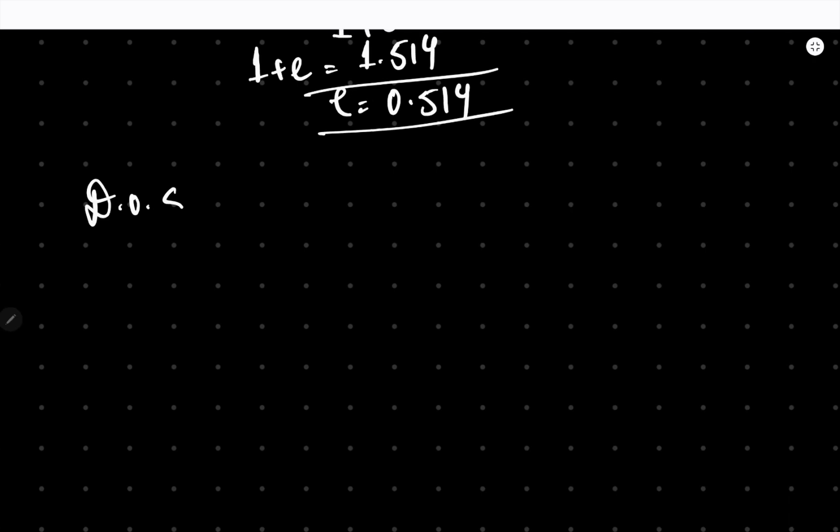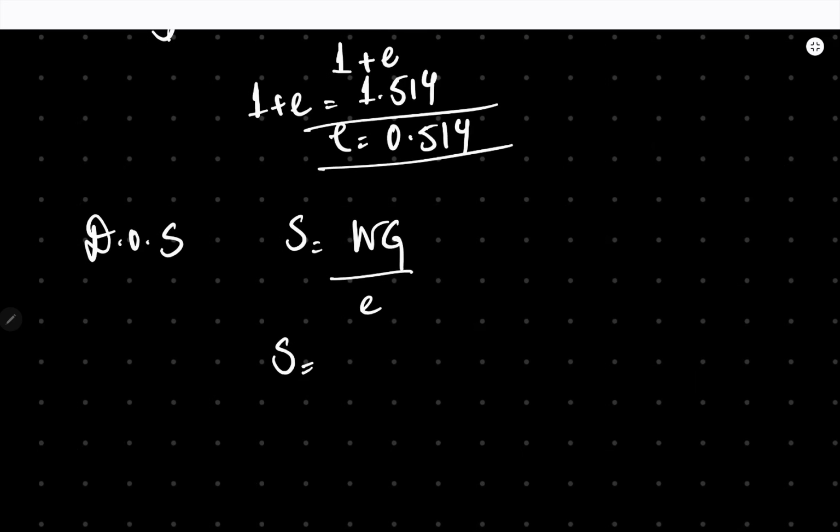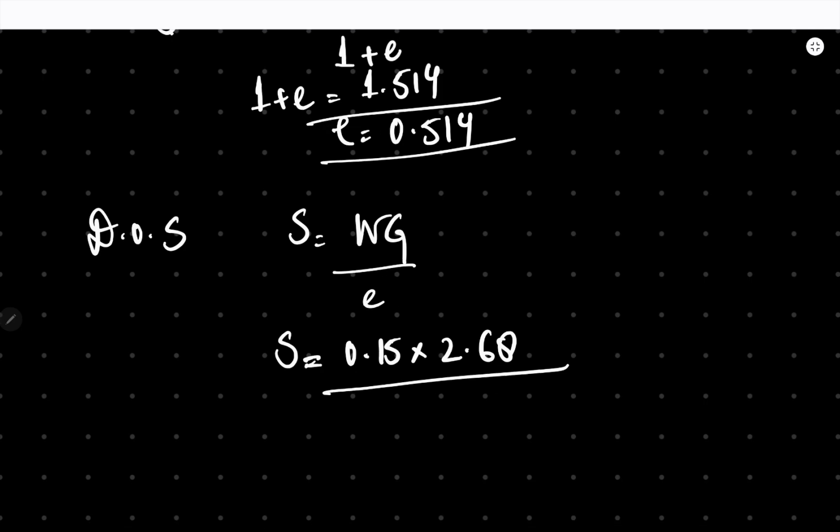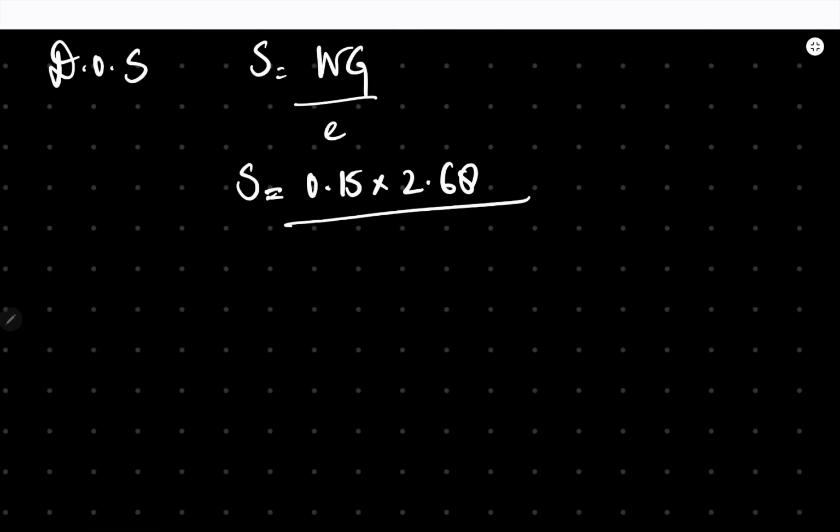Degree of saturation, as we know, is equal to Wg divided by E. Water content is how much? It is not 5%, it is 15%. Mind it, water content has been raised. So now the water content is 15%. G is 2.68. Void ratio we have just calculated as 0.514.